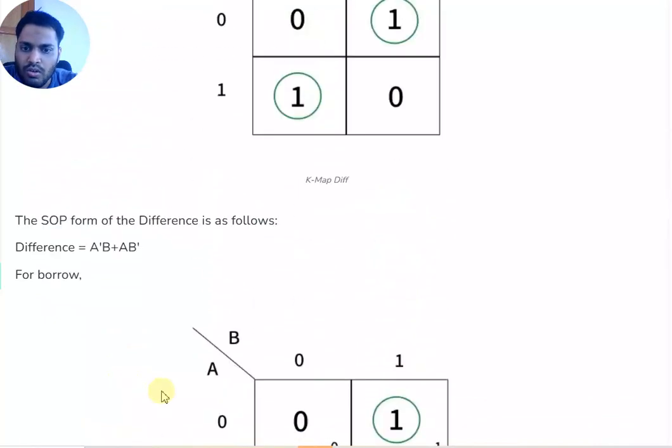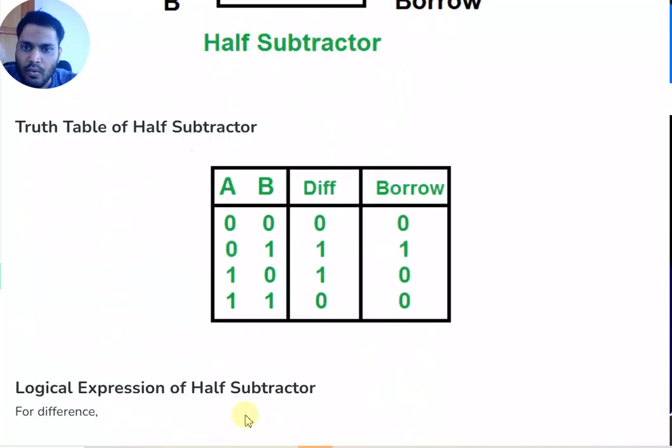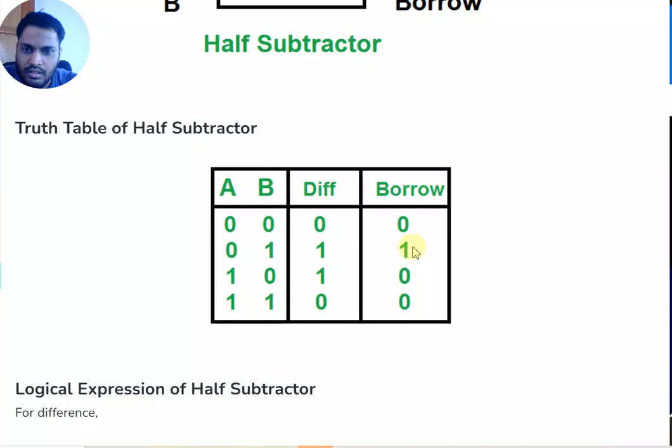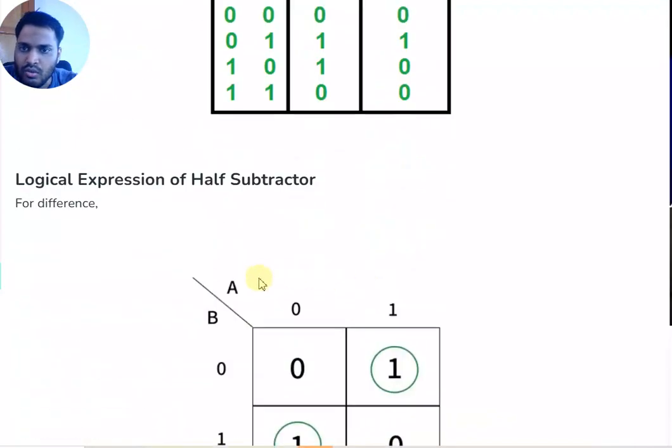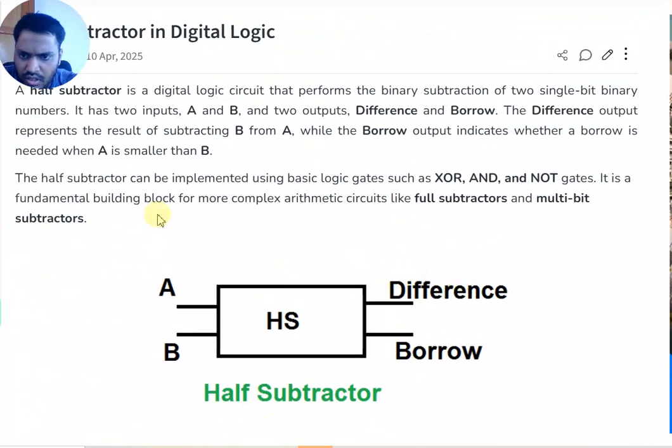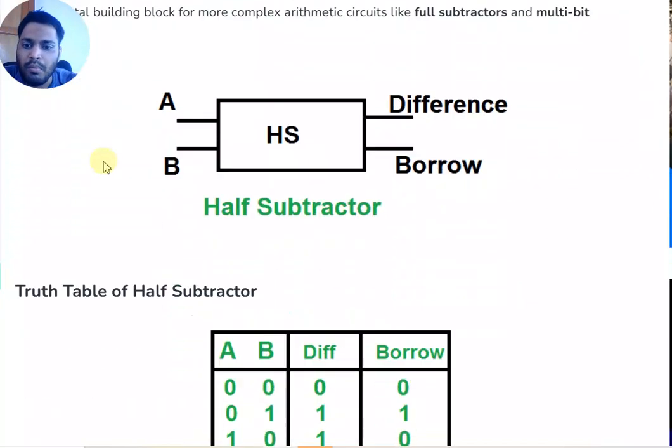Whereas for borrow, we have only one 1 here. So how is the borrow done? Basically, the difference output gives the result of subtracting B from A. The borrow output indicates whether a borrow is needed when A is smaller than B. Whenever A is smaller than B, a borrow is needed.